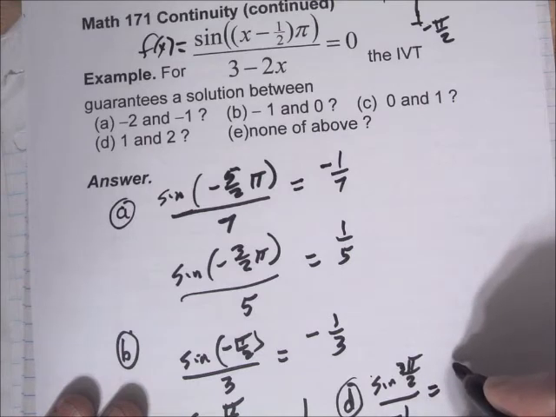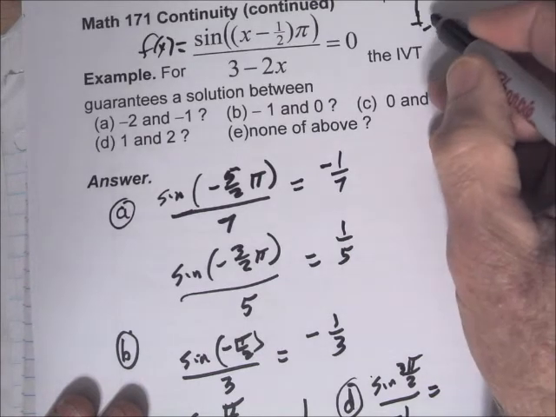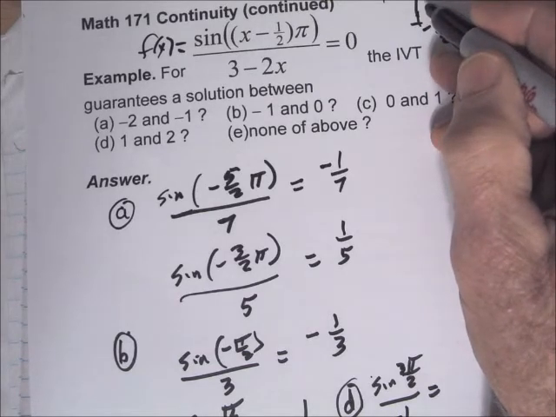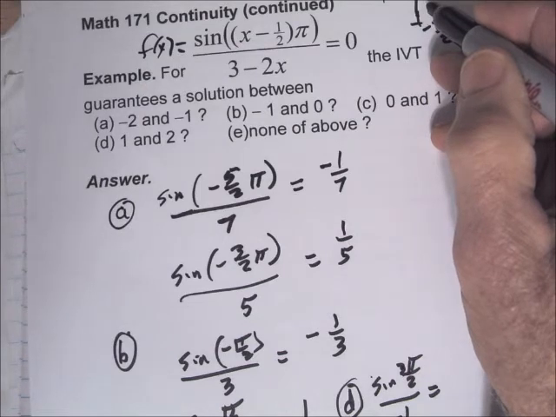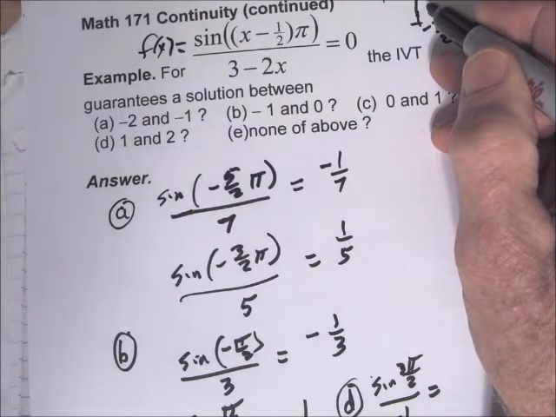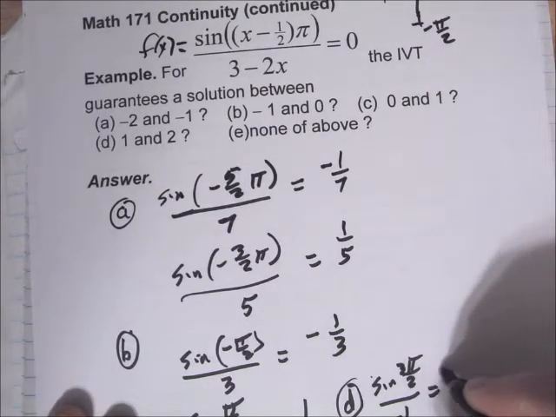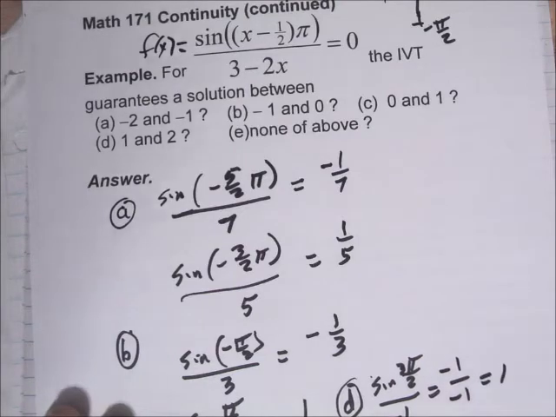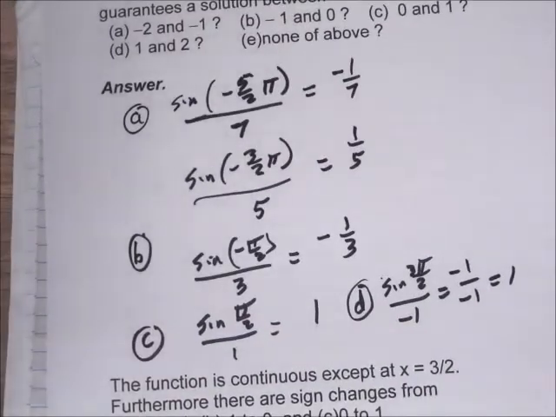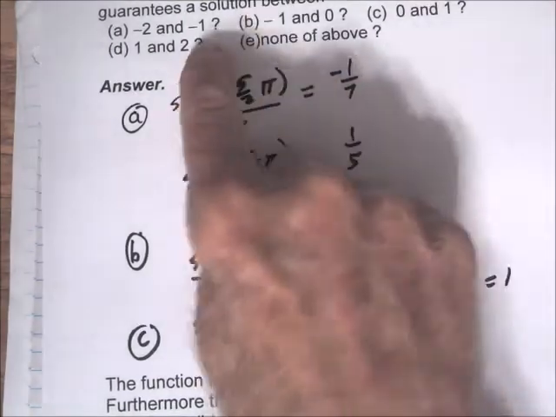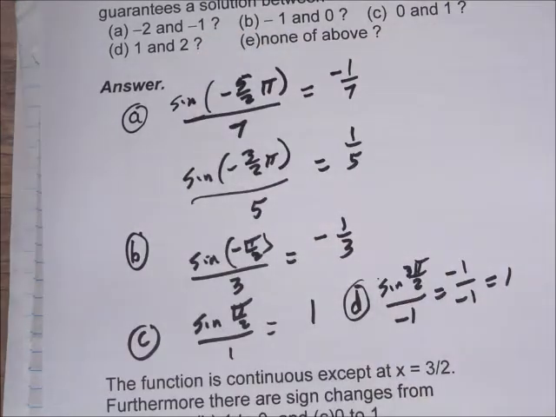And sine of 3/2 pi is going to be -1. So this is going to be -1 over -1, which is 1. Okay, so we have a sign change on A between -2 and -1.